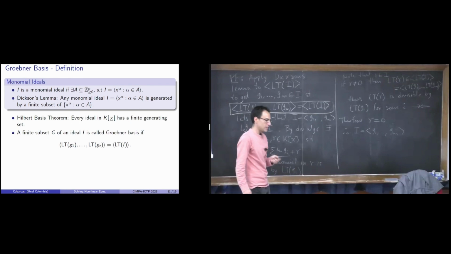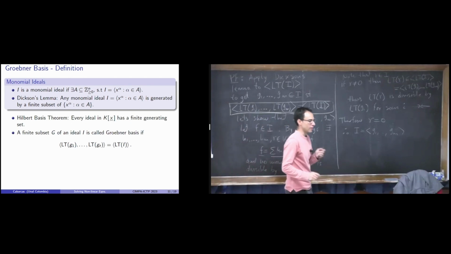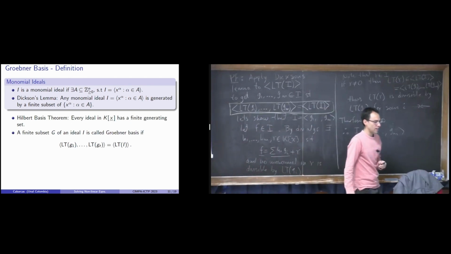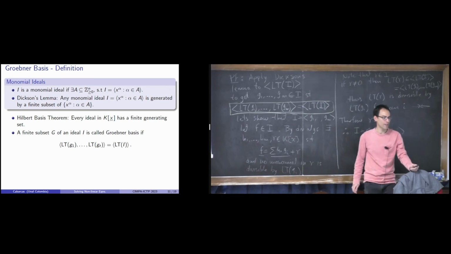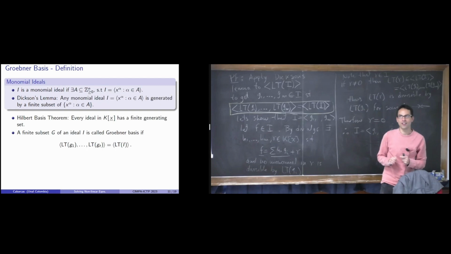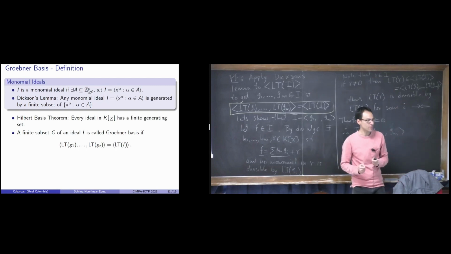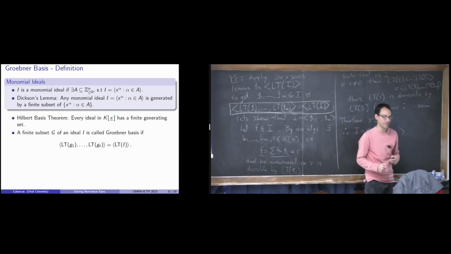And this is precisely what we're going to be calling a Groebner basis. A finite subset G of an ideal is called a Groebner basis if the ideal generated by its leading terms generates the leading terms of the ideal.